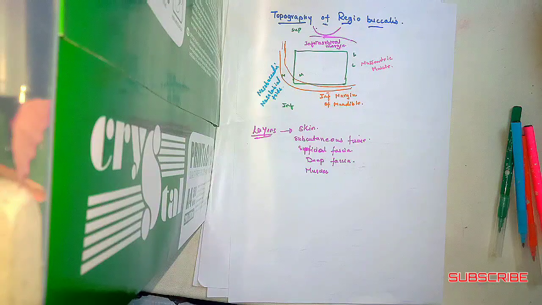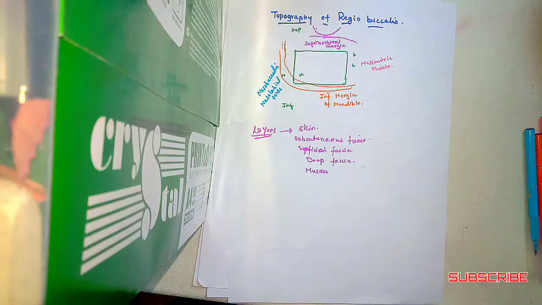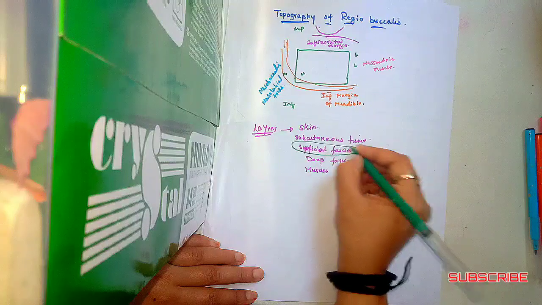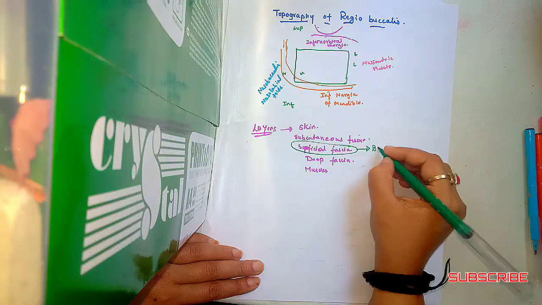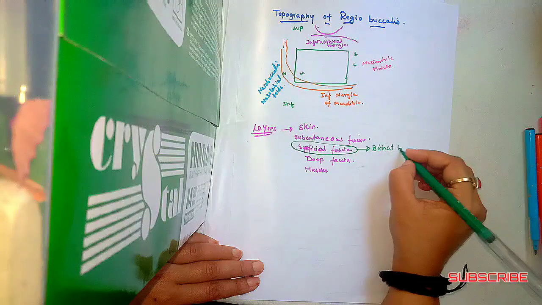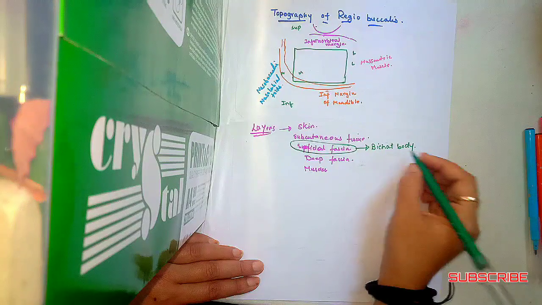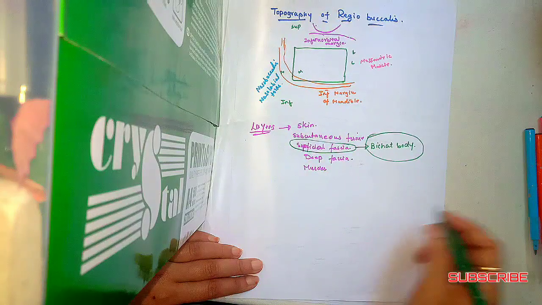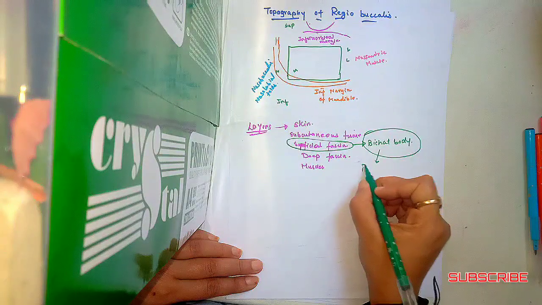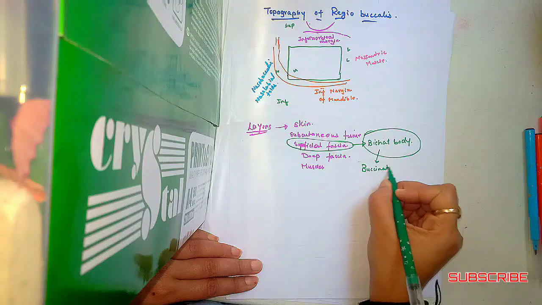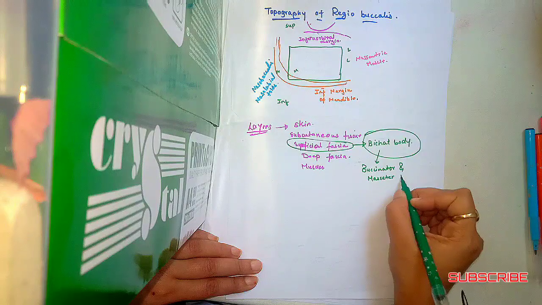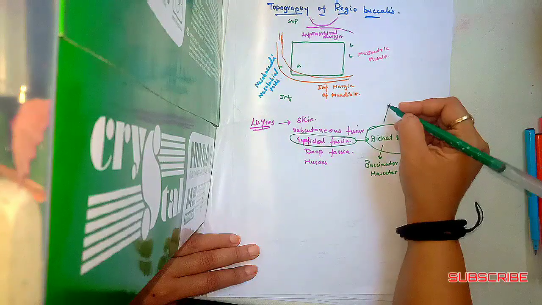Now the most important thing we will see here is Bichat's fat pad, which is found in the superficial fascia. It is adipose tissue which lies between the buccinator and masseter muscles.